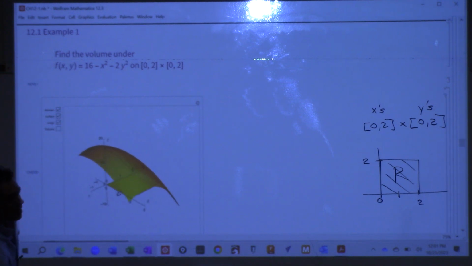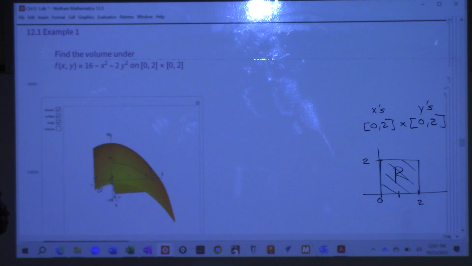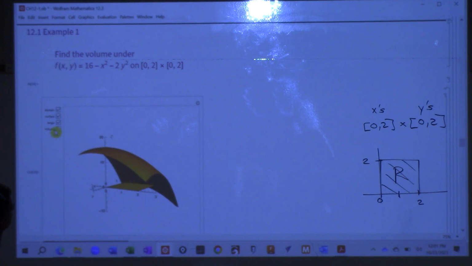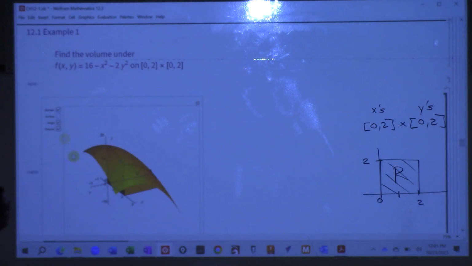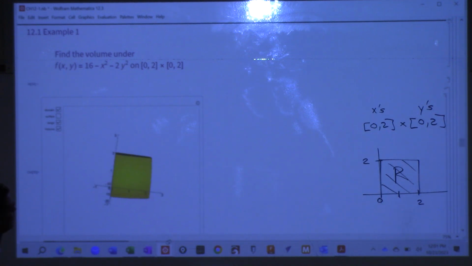Do you see the image of that rectangle up in the surface? What we're trying to do is find the volume of that chunk. Let me take that surface out of here. There we go. We want that volume right there. If we look at it from the top, it looks like that box, but it's everything from that surface down to the XY plane.